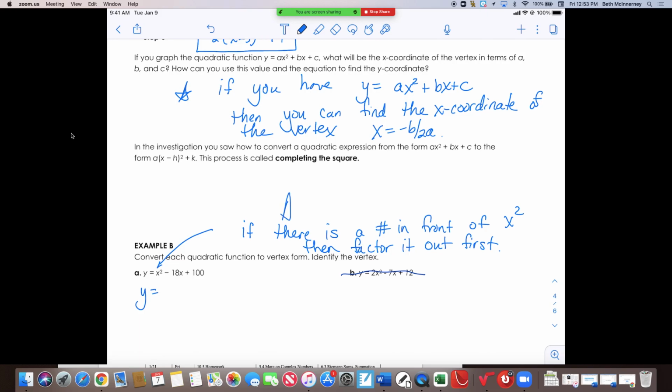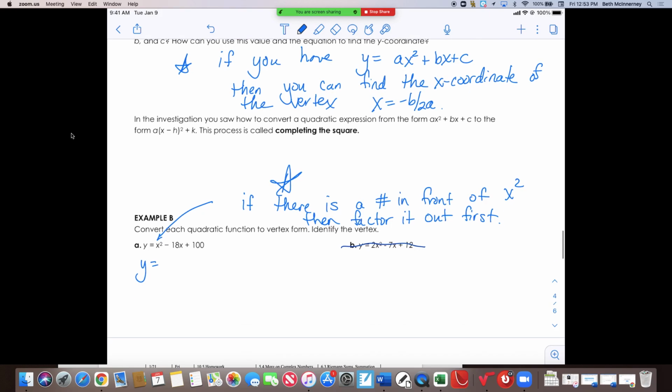Make sure you write this down. Well, the good news is there is no number out front, so we're ready to complete the square.